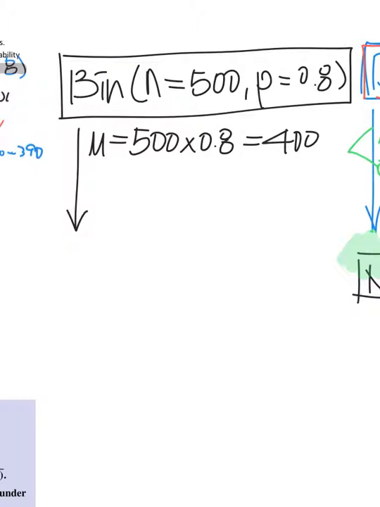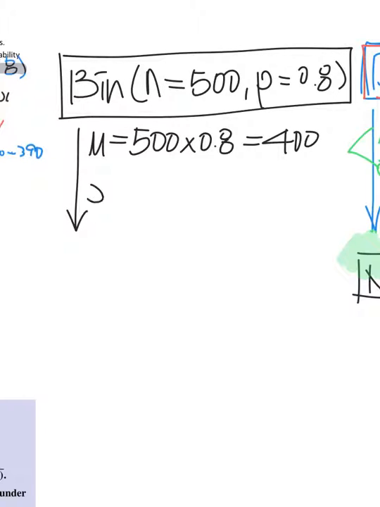What does it mean? We selected 500 people. How many people do you expect will be alive at 65? 400 people. We can expect 400 people out of 500 will be alive at 65 because 80% was the chance, right?